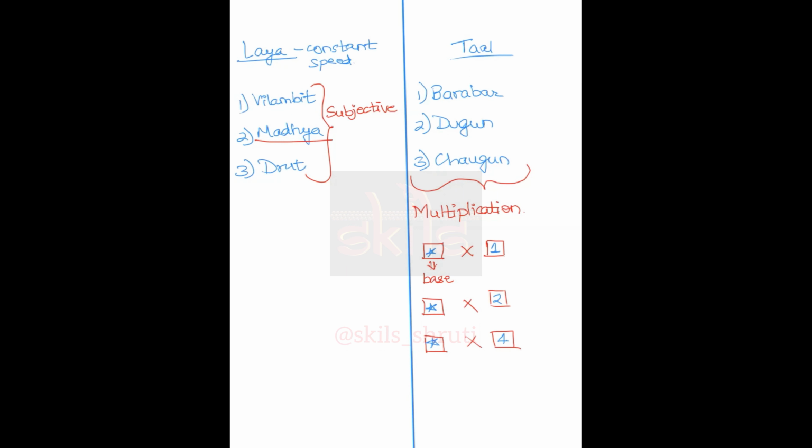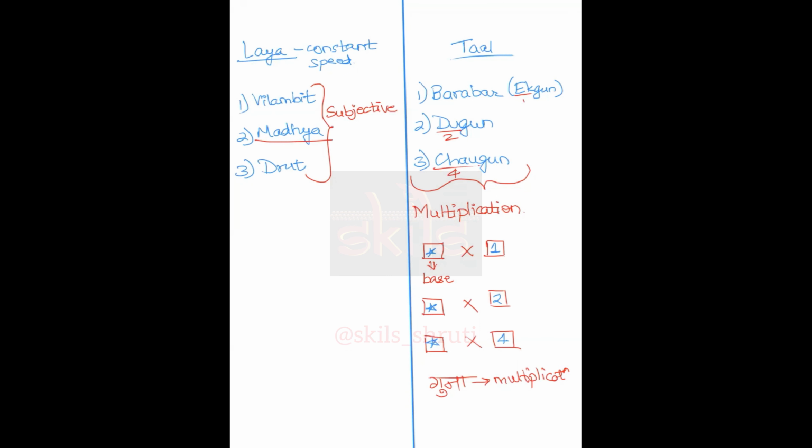Barabar is also known as ek gun. Okay. Now, what is this gun? Guna means multiplication. Okay. Even in Marathi, gunakar means multiplication. In Hindi, guna means times. Du guna means 2 times. Du is 2. Ek is obviously ek. Chau is 4. Okay. Chau guna, do guna, ek guna. So that is your multiplication.